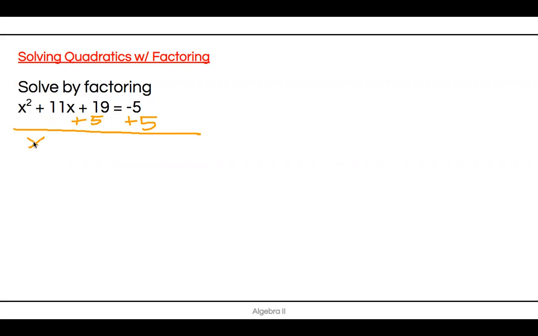So now we have x squared plus 11x plus 24 is equal to 0. All right? So now we know a is equal to 1, b is equal to 11, and c is equal to 24. Does everyone follow me here?